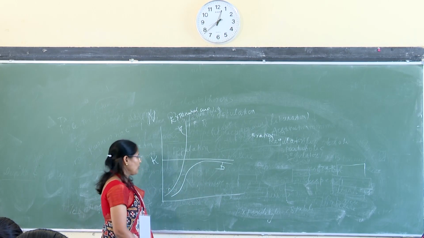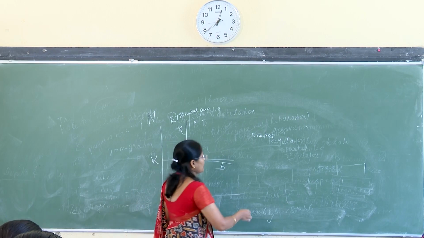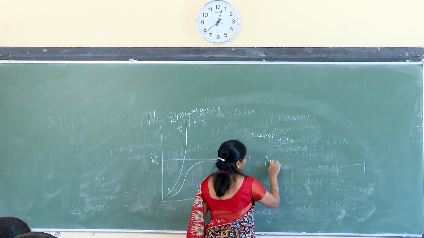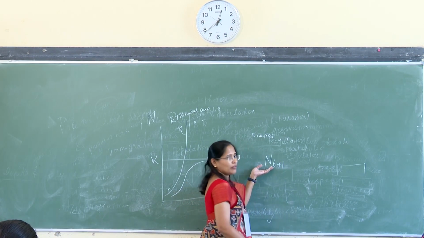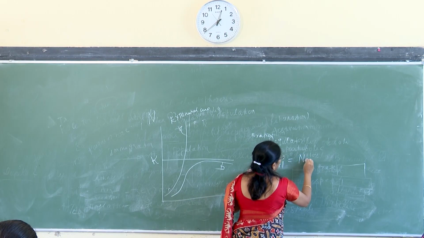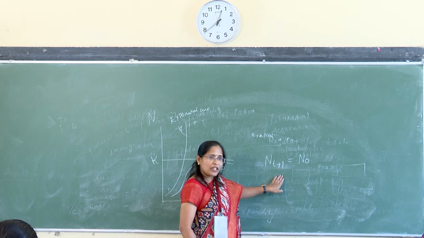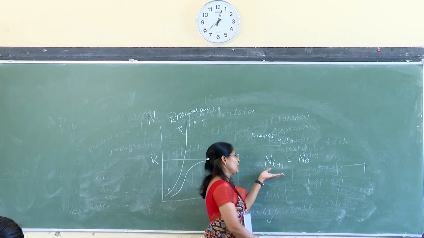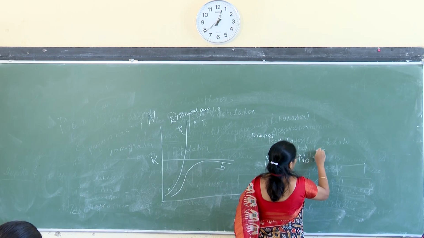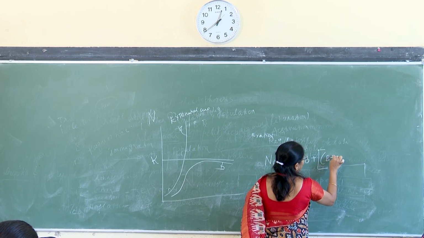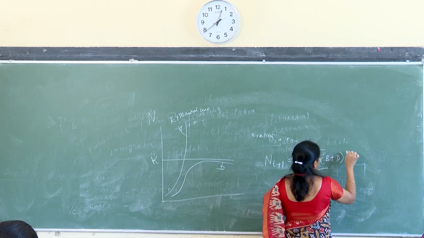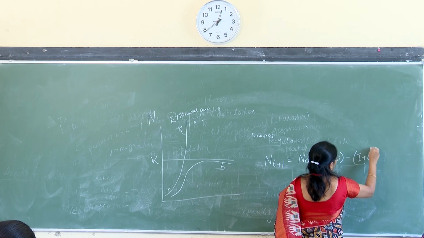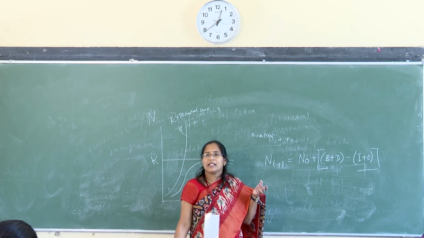So how do you calculate a population or a population density? What is the formula? Your initial population, after a particular time, plus what you will have, birth rate plus death rate minus immigration plus emigration will give you your population density.